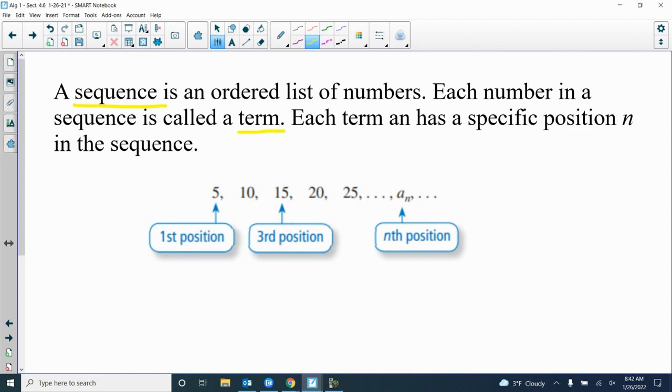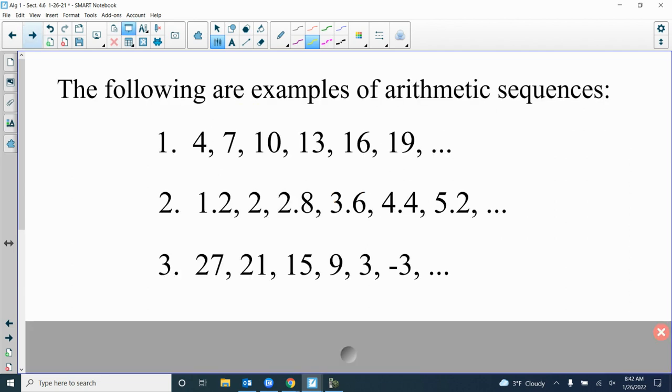Put that in there. Each term has a specific position in the sequence. So we always talk about this is the first, second, third, fourth, fifth, and in general, you say just the nth position. Okay, that's just in general.